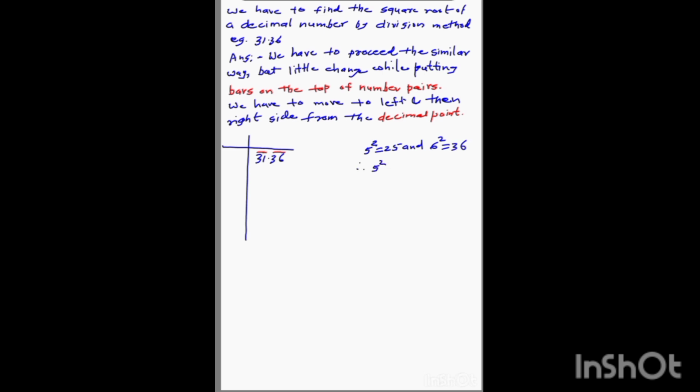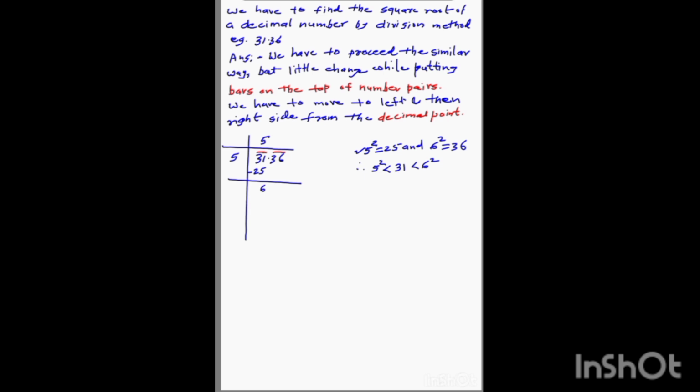See right here the comment: 5 square is less than 31 is less than 6 square. So we take 5 and 5, the main problem, and 25. 5 5s are 25, and subtract this 25 from 31, you get 6. Bring the whole block down, 36, the whole pair.